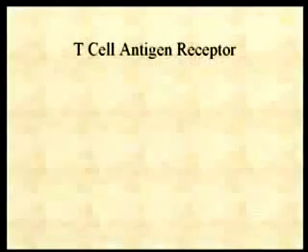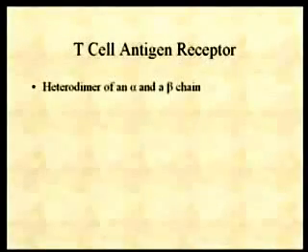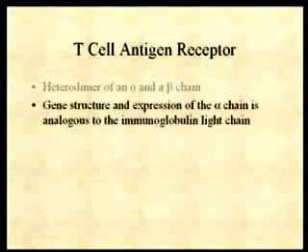All right, let me just finish one last thing and then we'll take our break. Again, we haven't said a lot about the T cell receptor. Dr. McCallop will tell you a lot more detail about it, but there is a T cell receptor for antigen. It's composed of two chains. They just happen to be called alpha and beta instead of heavy and light because they're roughly the same size. I just want to point out that the gene structure of the alpha chain is identical to the immunoglobulin light chain. In other words, it has V's and J's, and it does everything that we just described for the light chains.